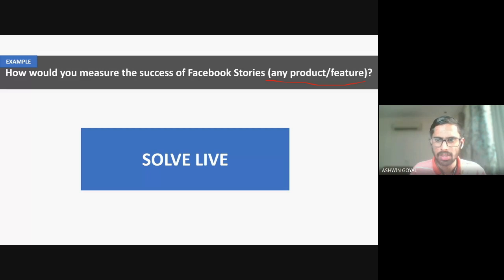You can have some idea about Facebook stories, but you'll not be able to ask directly what is the number of people using Facebook stories. The North Star metric is what we need to find out, right? So we cannot ask this question here. They want us to measure the success of Facebook stories. What is the metric that will help us measure the success? That is the question. So you cannot directly ask what is the North Star metric we will be focusing on, right?